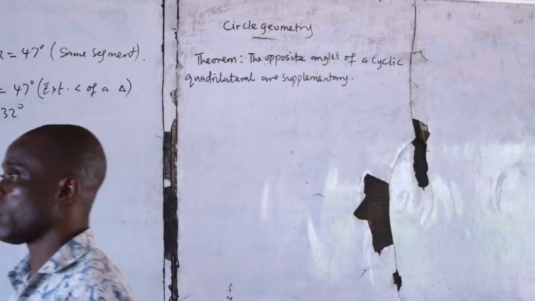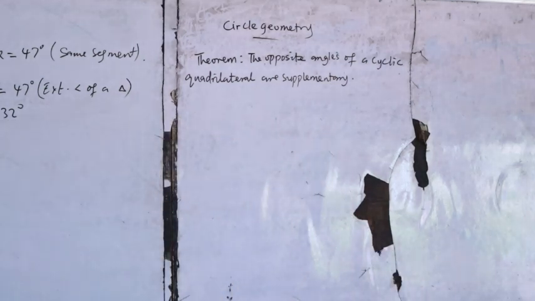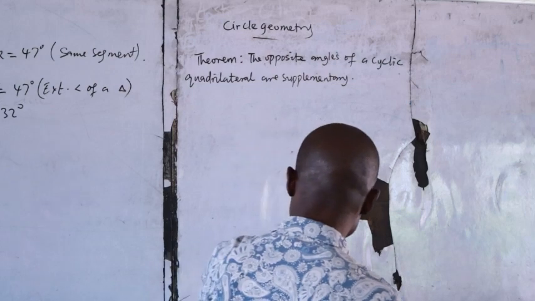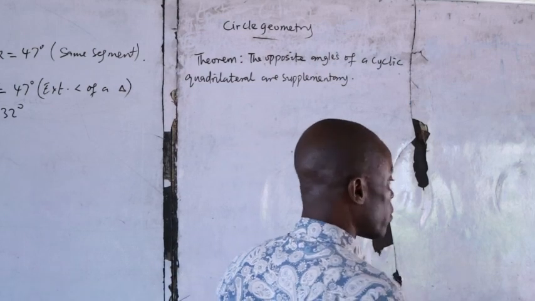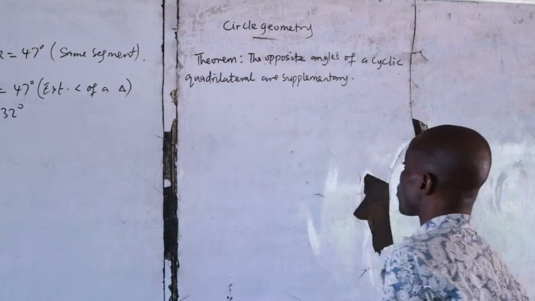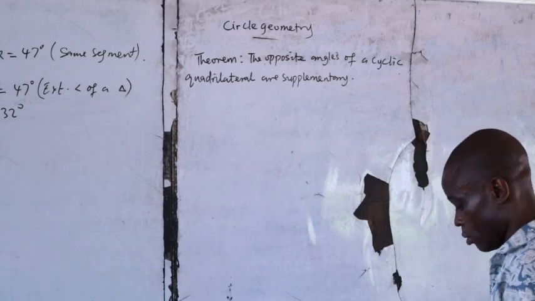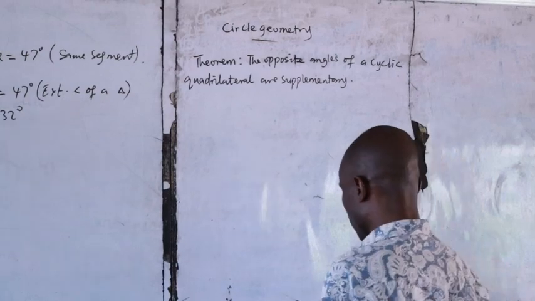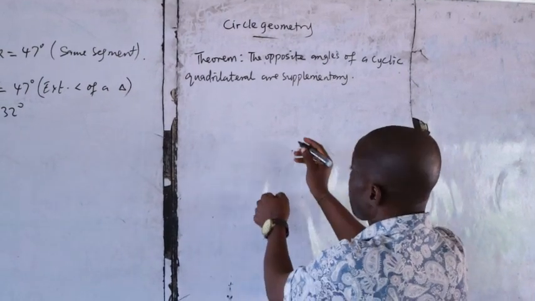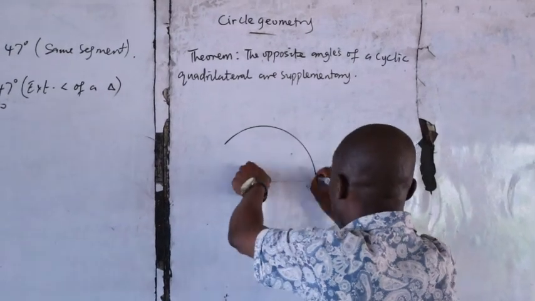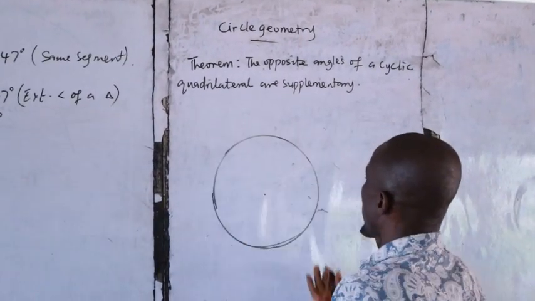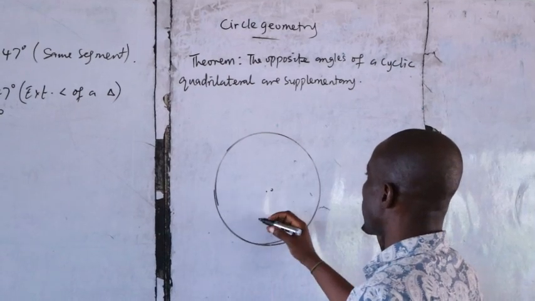Now look at the next theorem. The theorem is: the opposite angles of the cyclic quadrilateral are supplementary. Now look at this diagram. This is the diagram. This is the center.